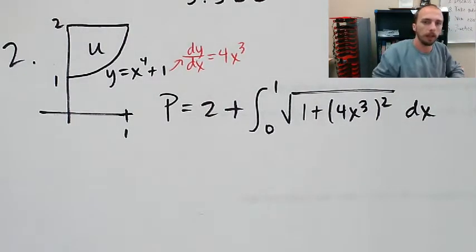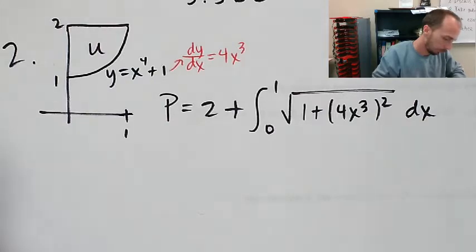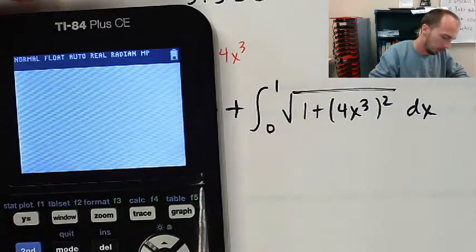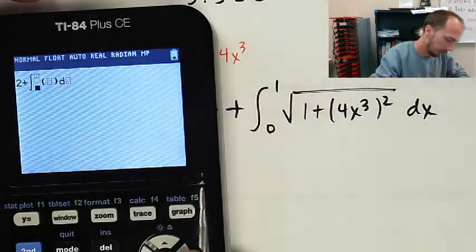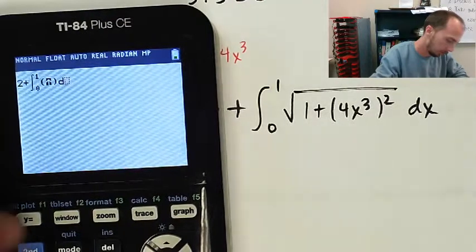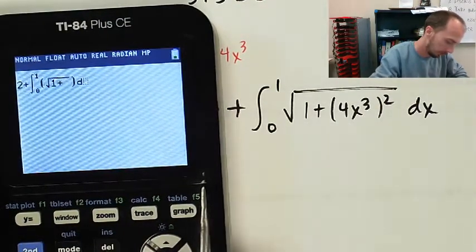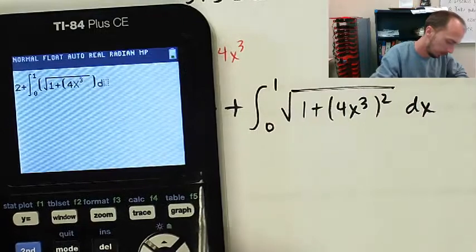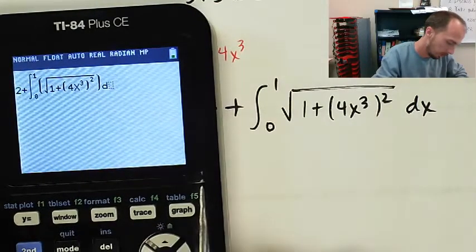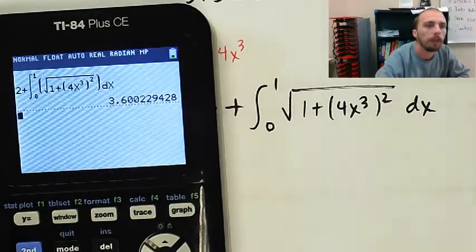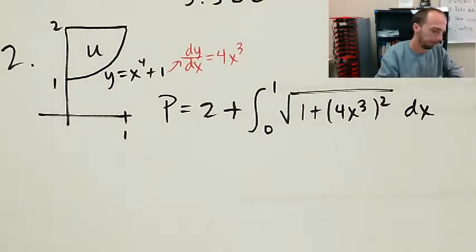This is going to be 2 plus the integral from 0 to 1 of the square root of 1 plus 4x to the 3 squared dx. This is going to be 3.600.